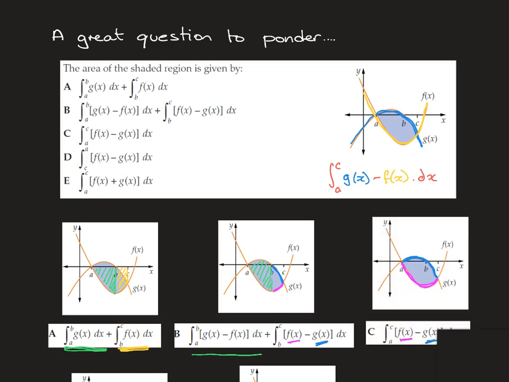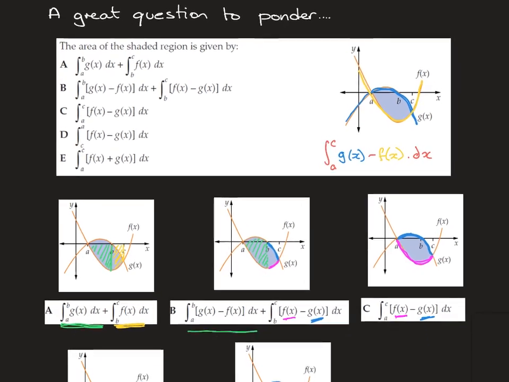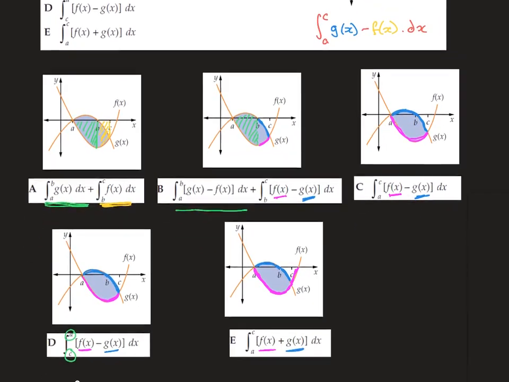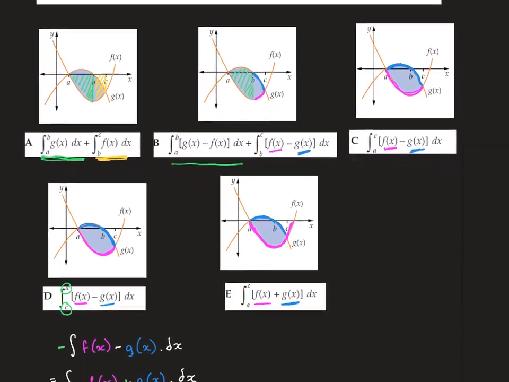Our third one has our lower function, our bottom function, minus our top function. So that's not right. So let's have a look at the other ones. Let's have a look at these last two.